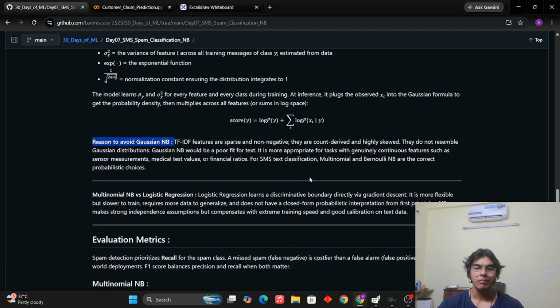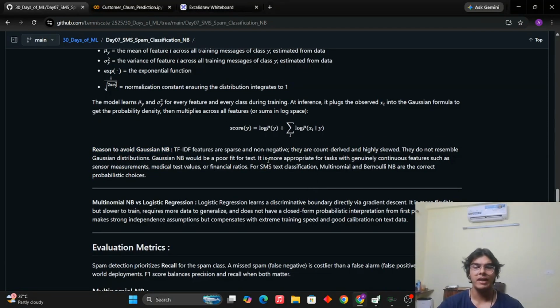Also, one very important feature which I forgot to mention. When we calculate the TF-IDF vectors for our model, the TF-IDF values are sparse, which means that most of those values are zero. They are very long matrices, but most of them are zero.